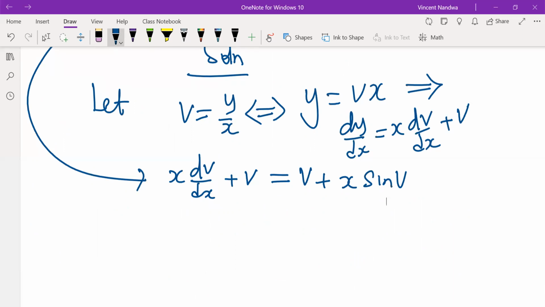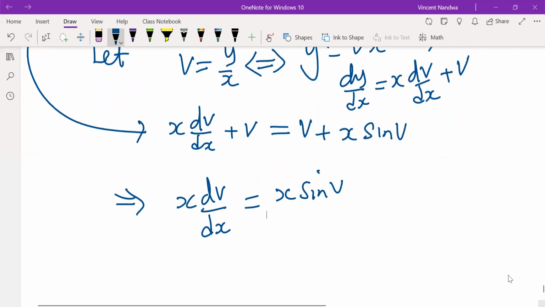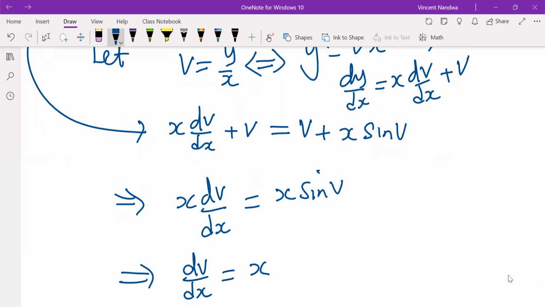Now v and v cancel out, so this implies x dv/dx equals x sine v, which means that dv/dx equals x sine v divided by x.